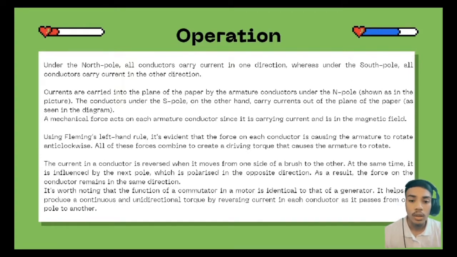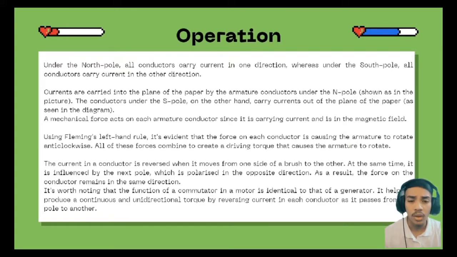When a conductor goes from one side of a brush to the other, the current in it is reversed. At the same time, the next pole, which is polarized in the other way, has an impact. As a result, the force acting on the conductor remains unchanged.